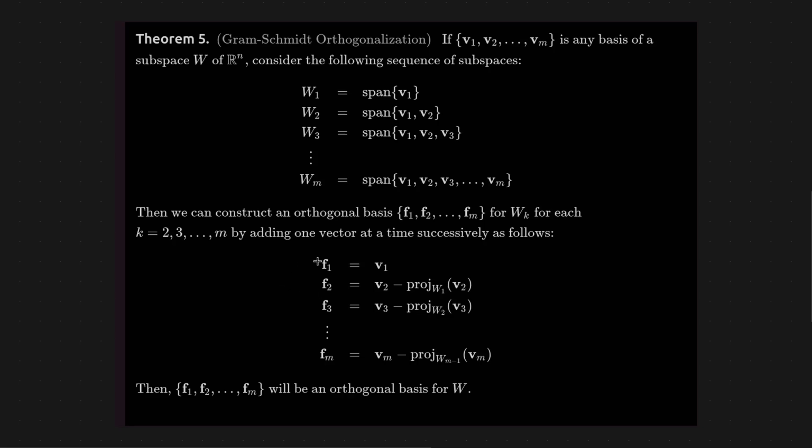Okay, so we're going to keep F1, and then we're going to add to that a second vector F2. Now, we want F2 to be orthogonal to F1. So what we're going to do is take V2, the new vector in W2, and subtract the projection of V2 onto W1.